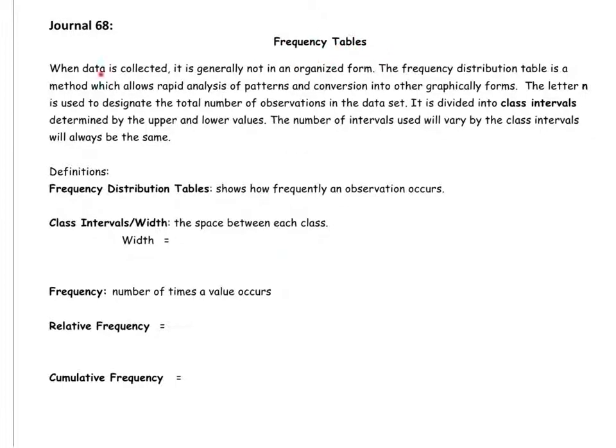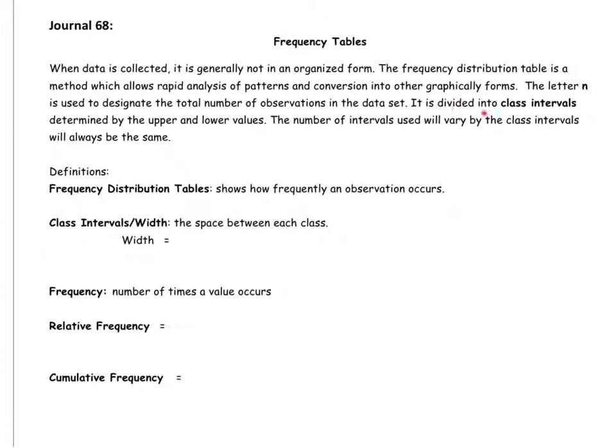So whenever we have data that we've collected, we need to organize it in some sort of form. So a frequency table is a great method to use so we can observe some sort of pattern or some sort of way we can summarize our data. So the thing is, with the frequency table, you are tallying up your observations.